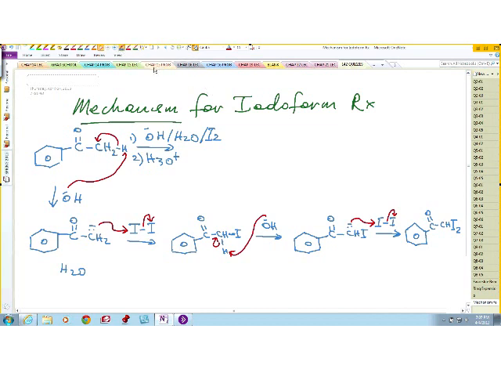Okay, so you now have the hydroxide comes in again, now pulls one of these protons here.